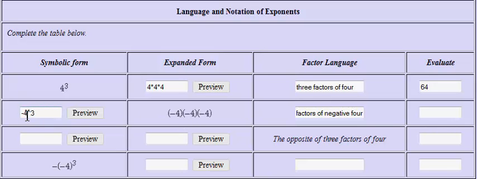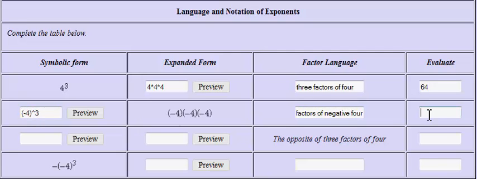Without putting parentheses, the negative is not part of the base. This would actually mean the opposite of 3 factors of positive 4, and we don't want that. So make sure you put a left parenthesis and a right parenthesis around the number negative 4 to indicate that the base is negative 4 and that you have 3 factors of negative 4.